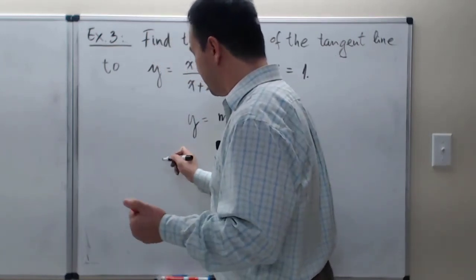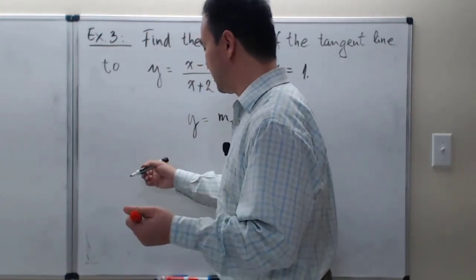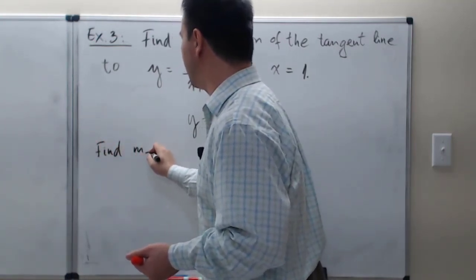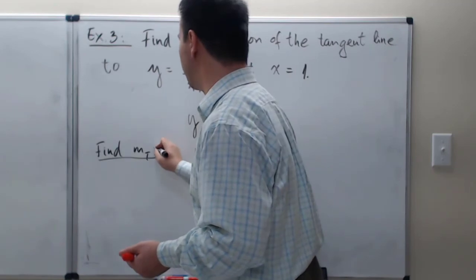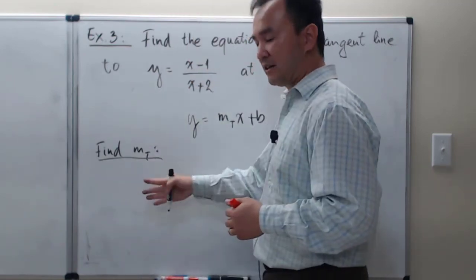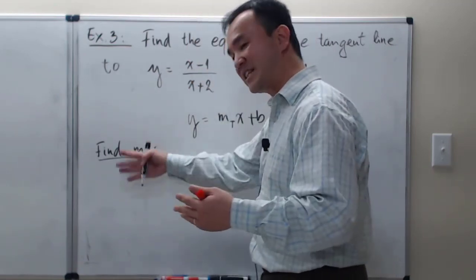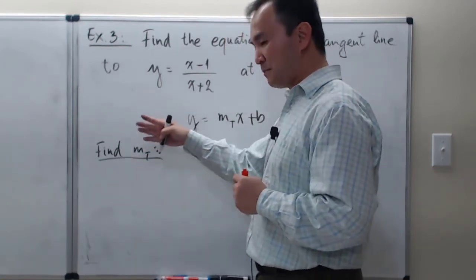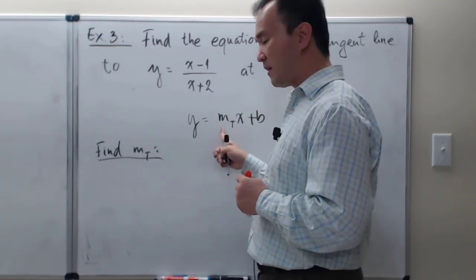Now the first big step here. And like I said, being the instructor, I'm going to really break it down as a planning of what steps or stages we need to go through. So the first big step is to obtain the slope of the tangent line.